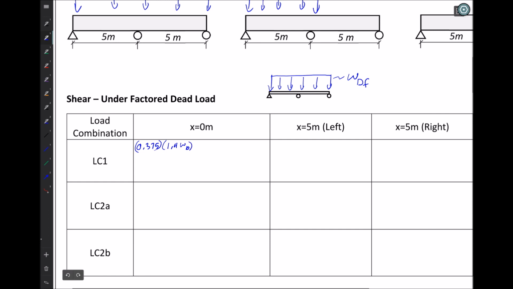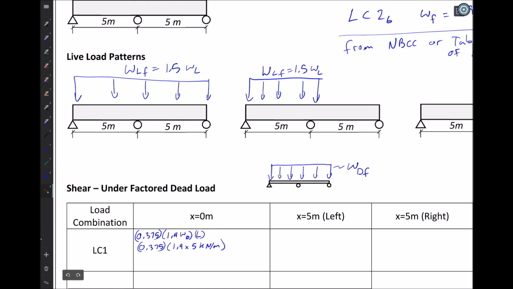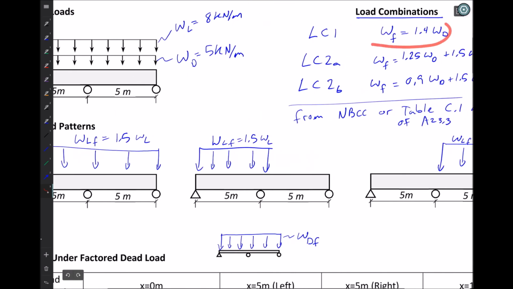So this is my factored dead load, and multiply that by L. Plugging in some values for that, and I won't plug in values for this whole problem as we go, but I'll do it for some of the time so that we can keep track of what we're seeing here. 1.4 W dead, or I should put in the value for that, pardon me, 1.4 times 5 kilonewtons per meter. So what we have here is the factored dead load for load combination 1.